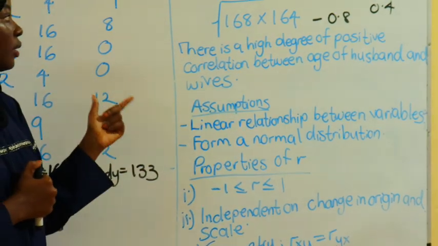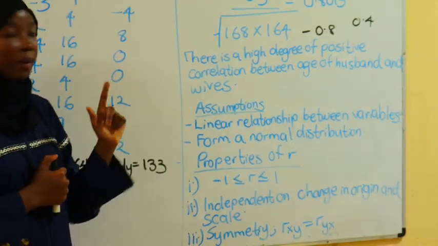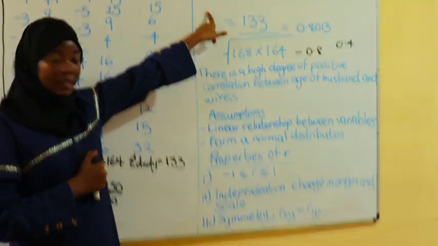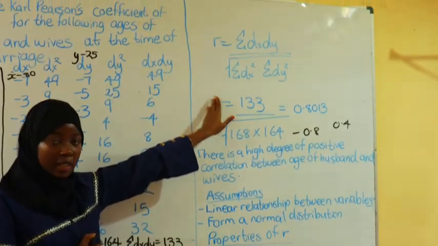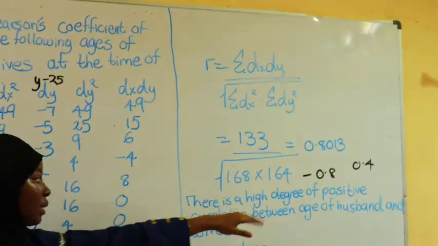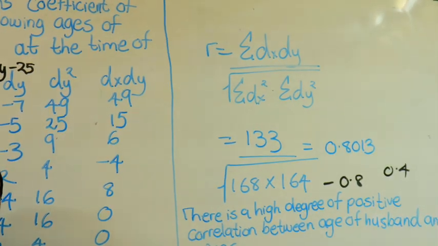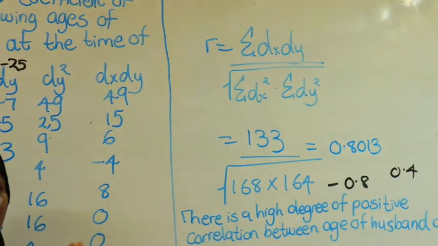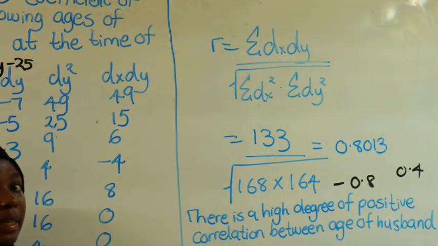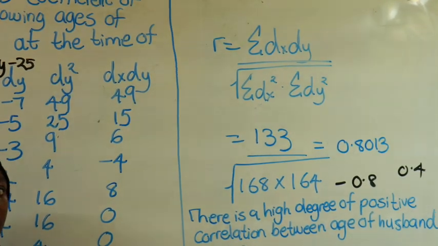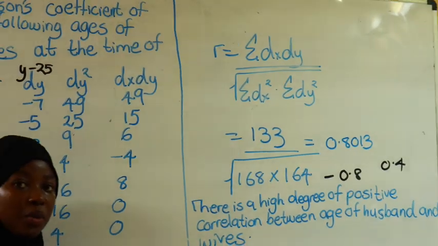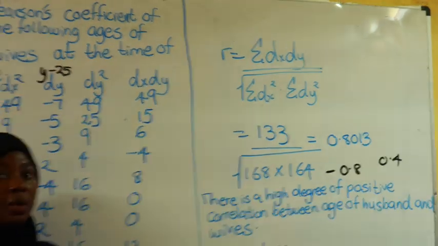So just basically what you should remember: the formula, how to apply the formula, the values you get, always make a comment. If you get a negative answer, it is negative correlation. If the answer is between 0.5 to 1, that is a high degree. If your answer is less than 0.5, say maybe 0.2, 0.1, that is low degree.